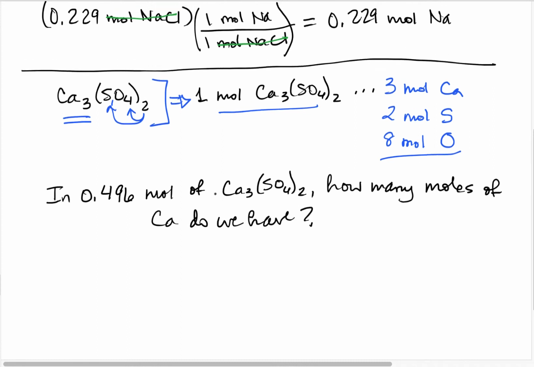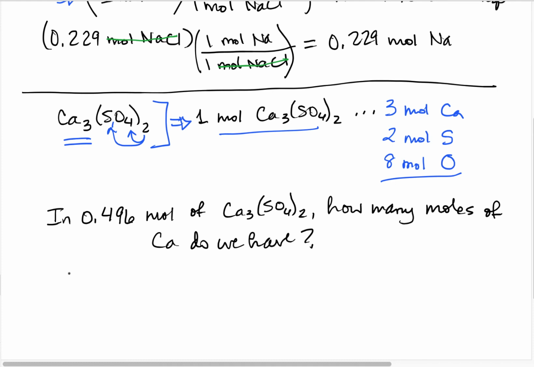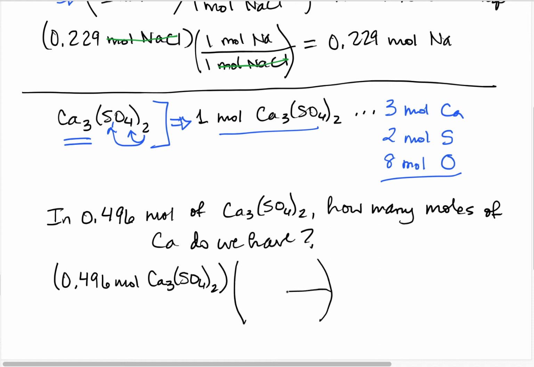Just like we did with the simple one-to-one relationship, we're going to set it up systematically. We're going to start with that 0.496 moles of calcium sulfate, and use that systematic relationship to set up a unit conversion. Our units go from moles of calcium sulfate to moles of calcium, because that's what the question is asking.